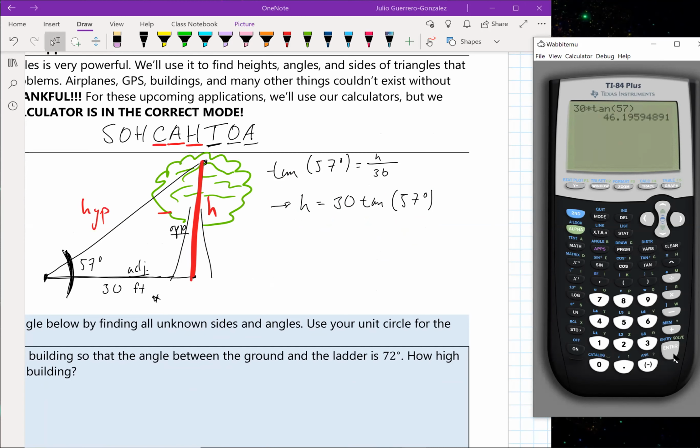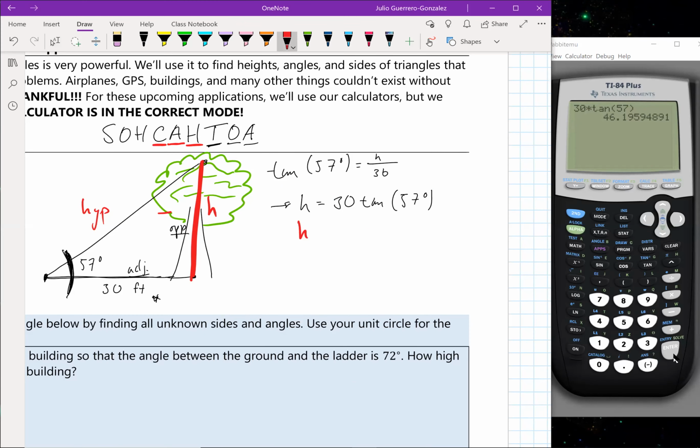Now go ahead, hit enter. That's 46.20. So h is equal to 46.20 feet. Does that work out for everybody?